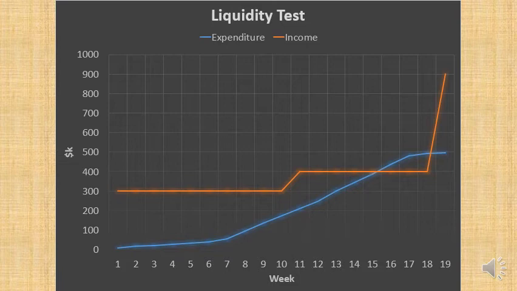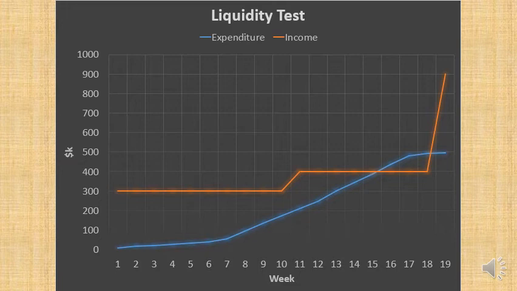And where's that money going to be coming from? That's going to be coming from the 300,000 that we have. Now, at around week 10, we finish the design phase, and it then goes up to 400,000 that we have in the bank.